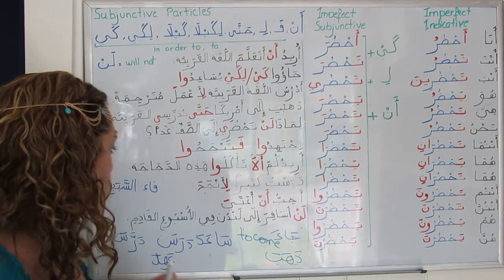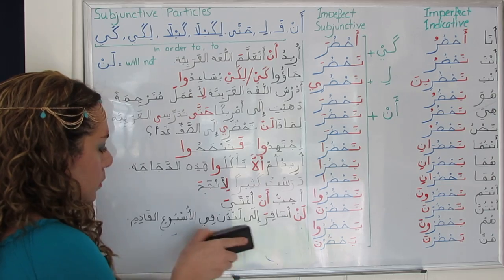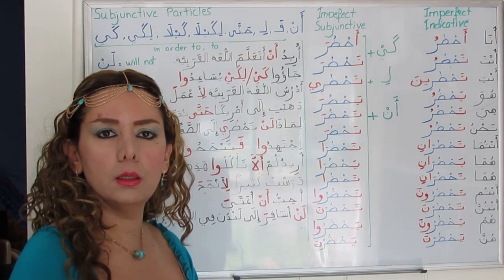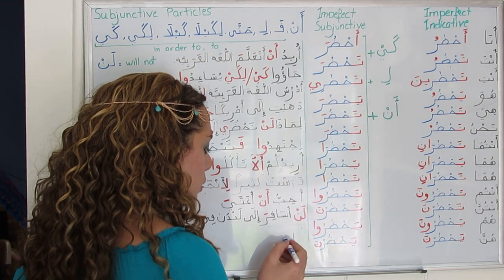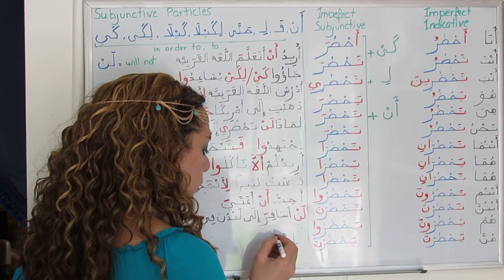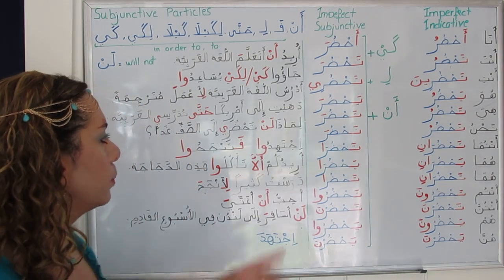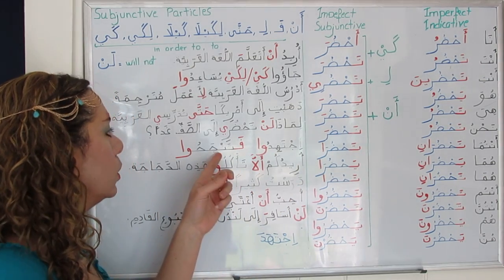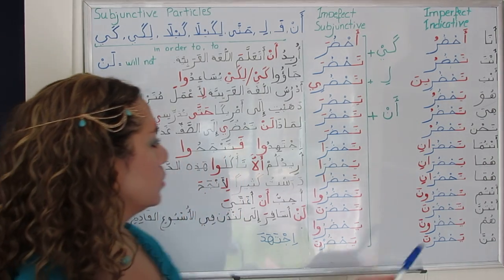اجتهد, it means to strive. The verb اجتهد. Here it's conjugated in the imperative tense. It's second person plural, masculine. اجتهدوا, strive in order to succeed. فتنجحوا. أنتم.